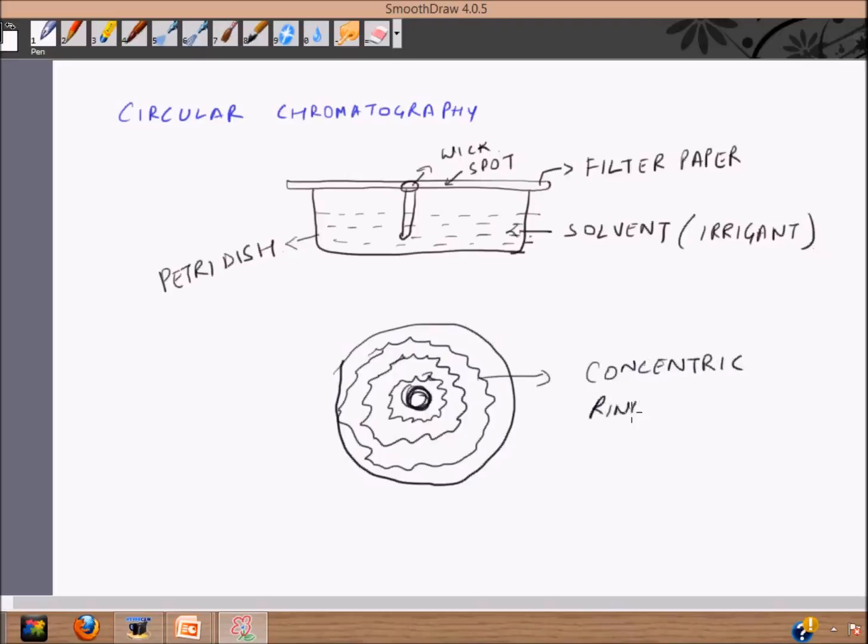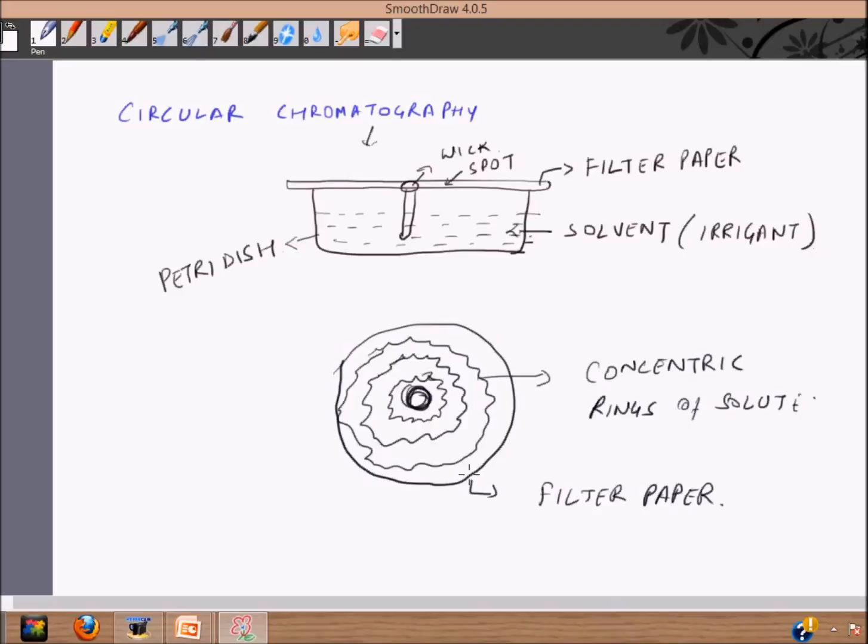So the concentric rings, each corresponding to a compound present in the mixture, are obtained on the circular filter paper, and we call this method circular paper chromatography.